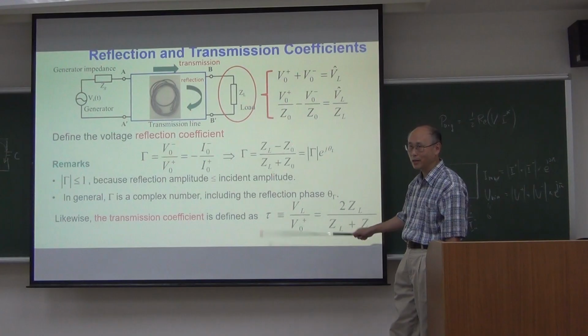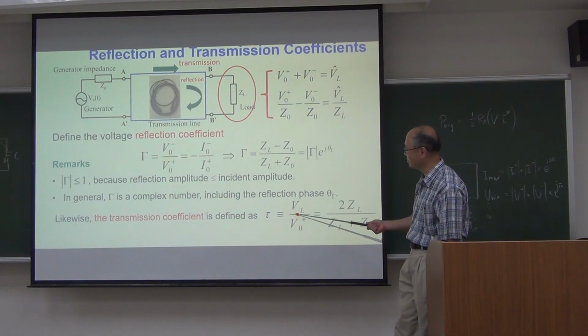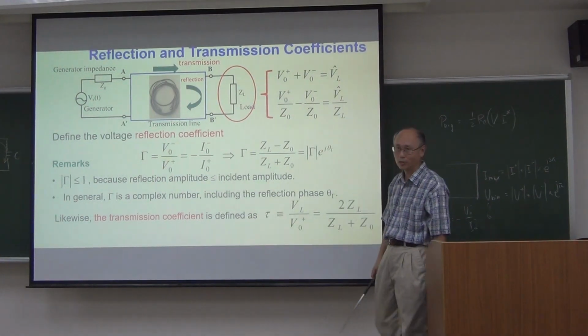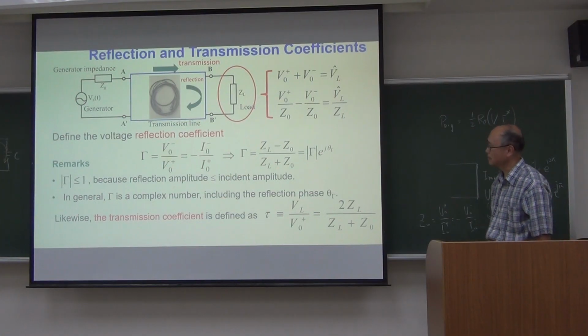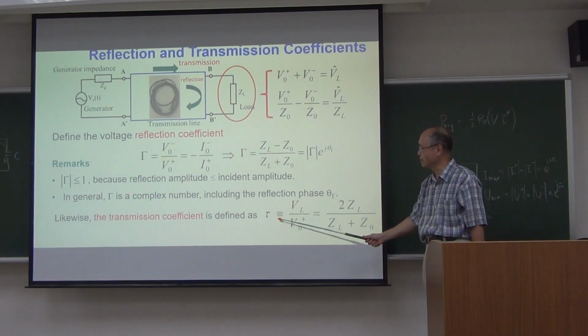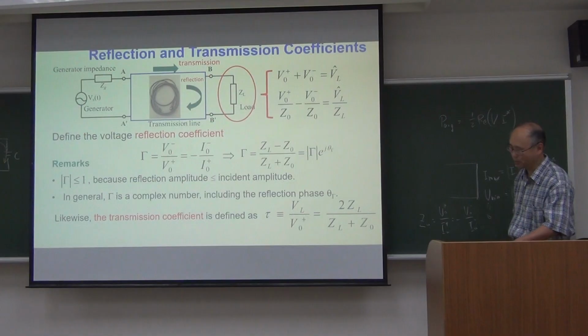Later I'm going to tell you how to compute the power transmitted to the load. So we pay much attention to the reflection coefficient. This is most important because once you know this, you can deduce this. And that is the next thing I want to tell you.